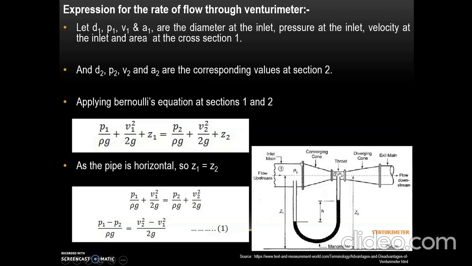Let P1 be the pressure at inlet, P2 is the pressure at throat. Let the distance between datum line and center of section 1 be Z1, and similarly the distance between datum line and the section 2, that is throat, be Z2. The difference between the pressure head between section 1 and section 2 is H.